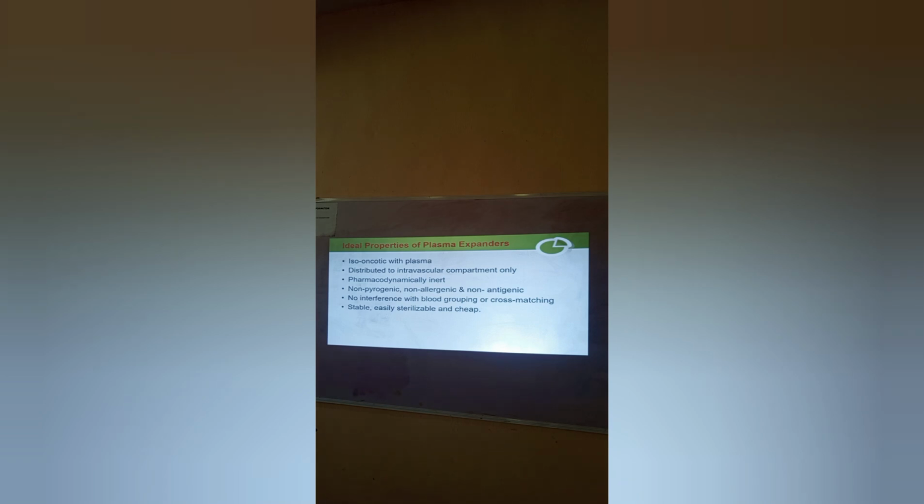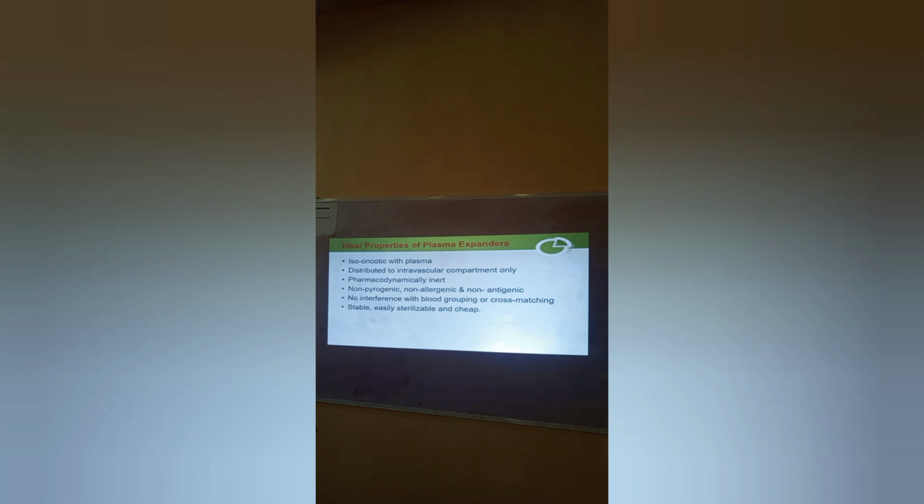So they should be isooncotic with plasma. They should be distributed to the intravascular compartment only. They should be pharmacodynamically inert, meaning they are neither metabolized nor excreted, and they do not elicit any pharmacological effects. Then they should not interfere with blood grouping or cross-matching.